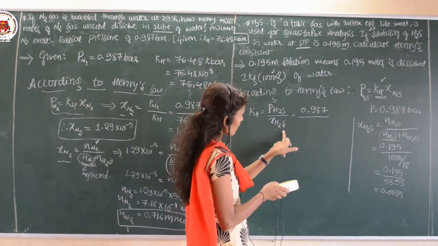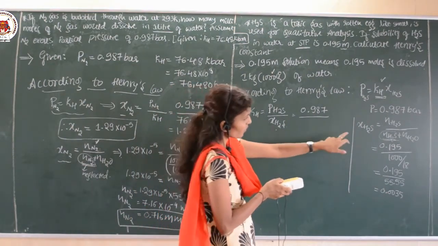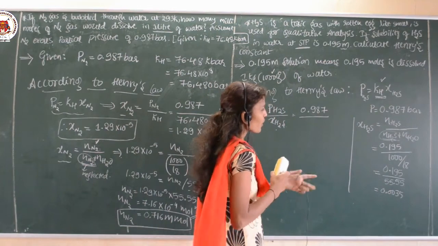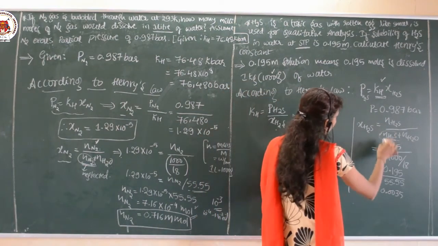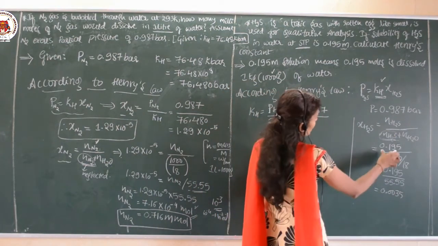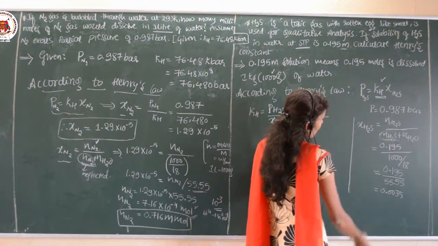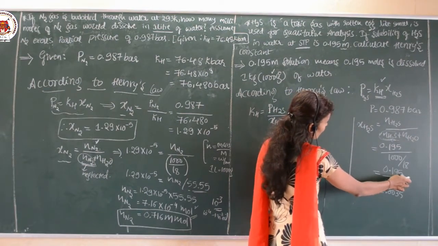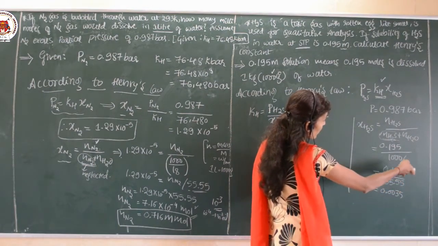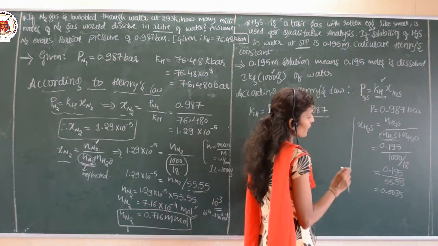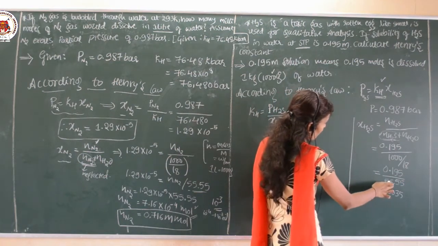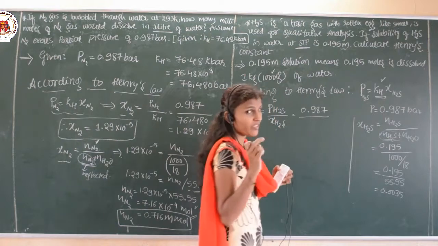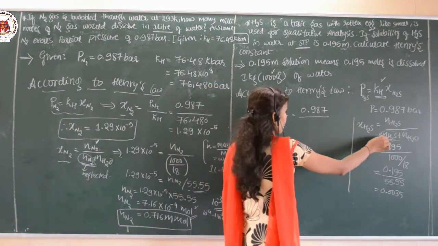So, this term I needed to calculate, which I have calculated in this way. Here this term is neglected because the number of moles of H2S, 0.195, is less as compared with 55.55. So, this term is left out.